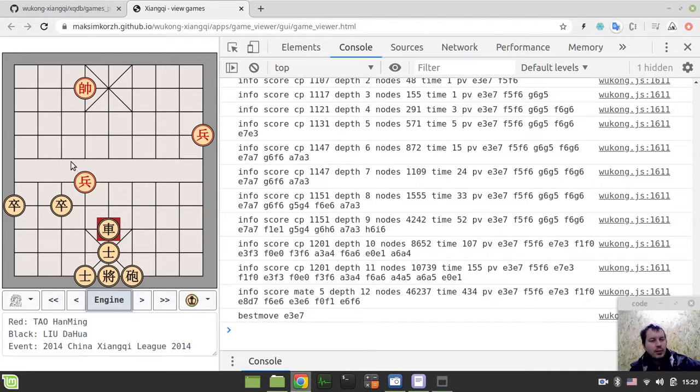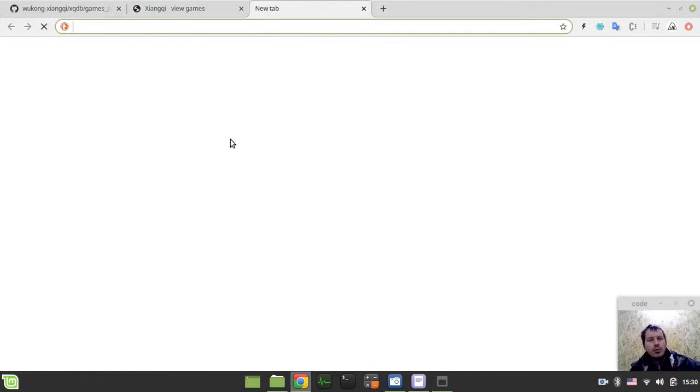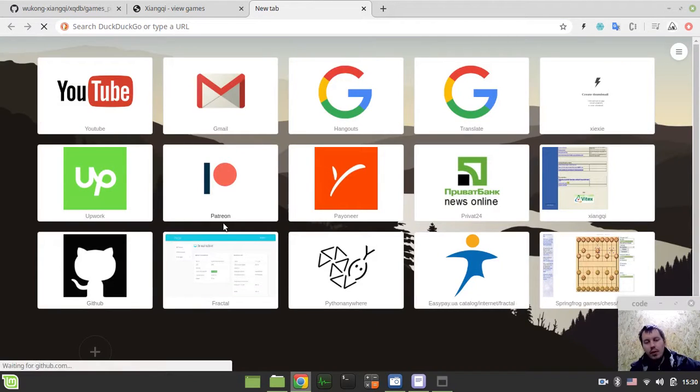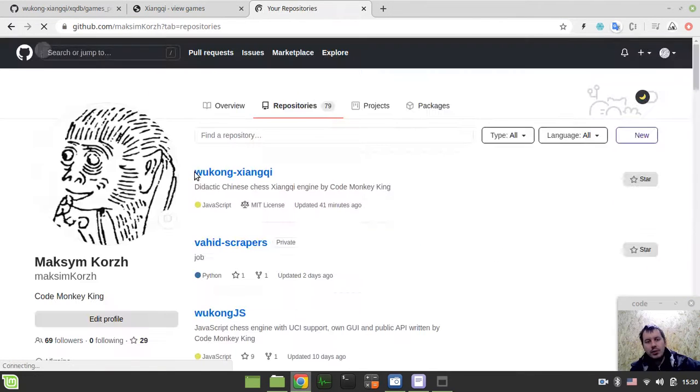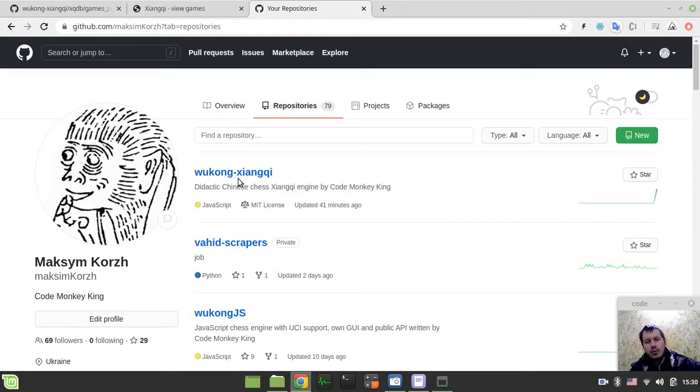But the interesting thing is, imagine that we can extract positions like this from all the 40,000 games, and then we can feed those positions to my puzzle solver, which is very similar to both the engine and this game viewer.